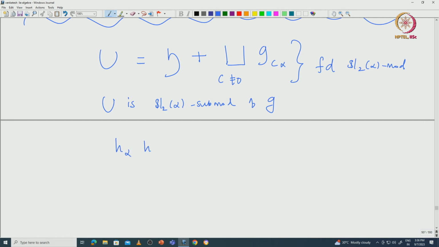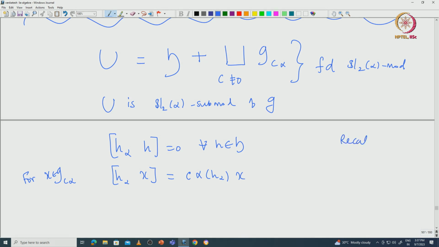H alpha acting on H will be 0 for all H in H, and if X comes from G C alpha, then H alpha acting on X will be C alpha of H alpha times X. But recall this alpha of H alpha must be 2. So, that gives us twice C X.